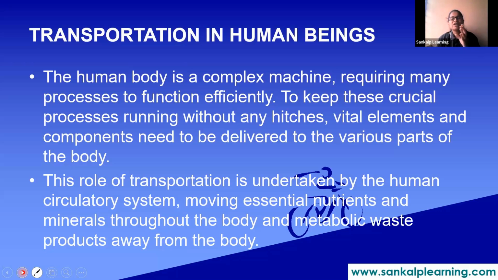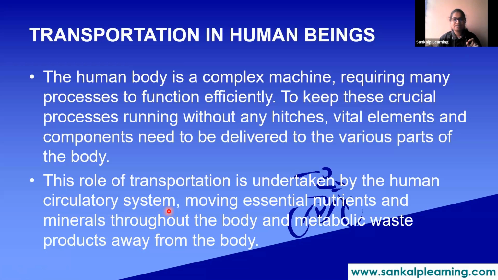The role of transportation is undertaken by two fluids: the first is blood and the next is lymph. Together, the blood and the other parts involved in transportation form a system called the circulatory system.